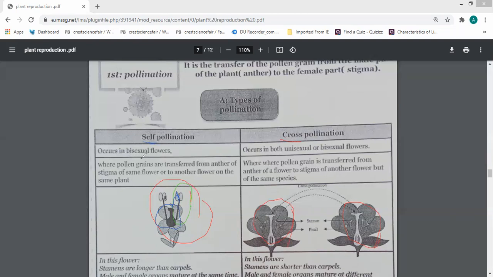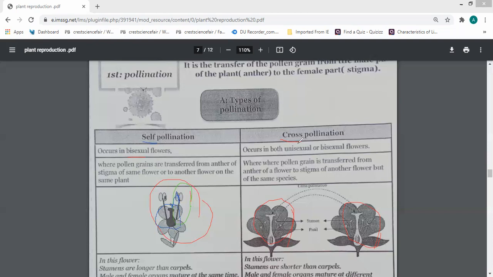Self-pollination occurs in bisexual flowers, which means they have the two reproductive organs, and this condition must occur for self-pollination: the two reproductive organs must be mature at the same time.